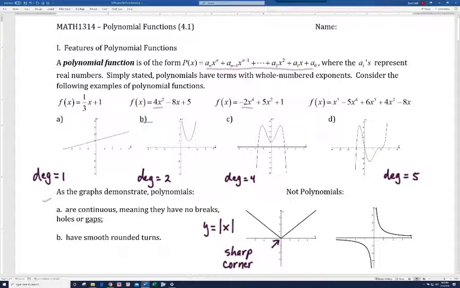We briefly have discussed this one, but it's y equals 1 over x. And this is a function we'll actually study in more detail in this chapter. But you can see at x equals 0, we have a break. There is no point on the graph at x equals 0. All right, so those are two examples of functions that would not be polynomials.